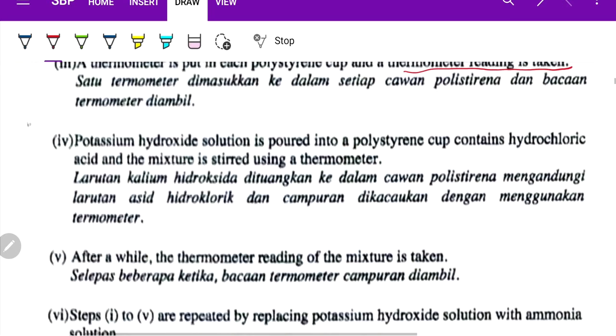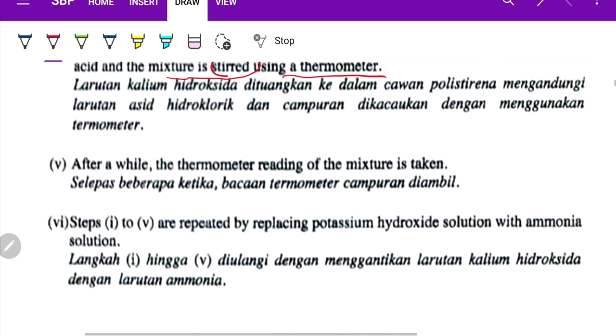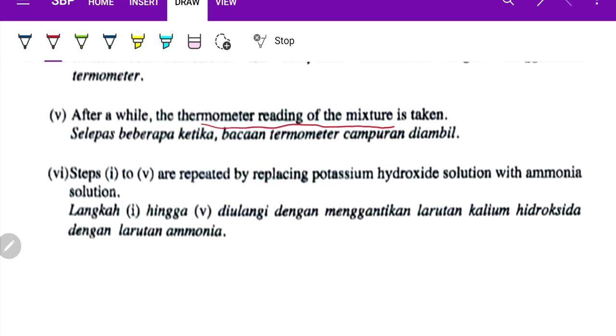Then the potassium hydroxide solution is poured into the polystyrene cup containing the hydrochloric acid, and the mixture is stirred using a thermometer. After a while, the thermometer reading of the mixture is taken. Then steps 1 to 5 are repeated by replacing the potassium hydroxide solution with ammonia.